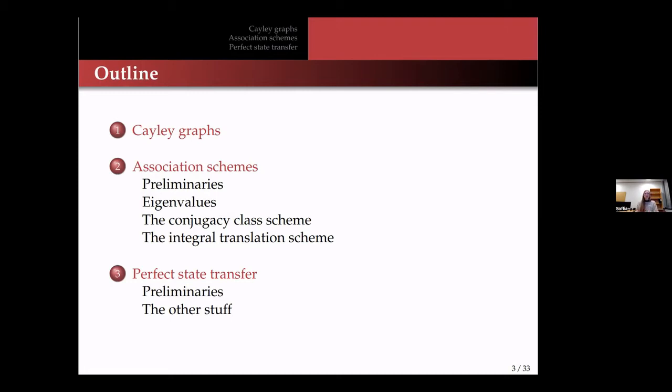Then we're going to talk about eigenvalues of association schemes. Then there are two specific types of association schemes that we care about, which are the conjugacy class scheme and the integral translation scheme. At the end of this section, we're going to prove the first theorem.